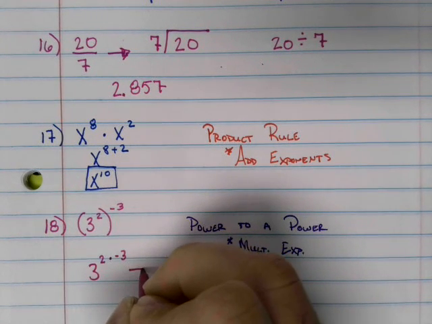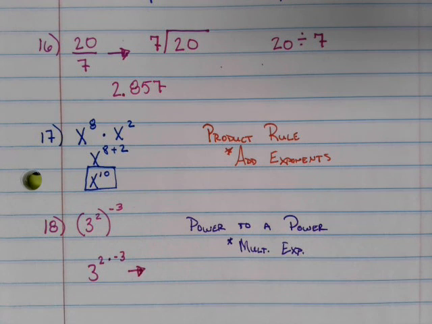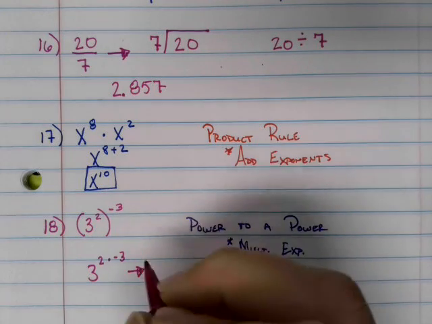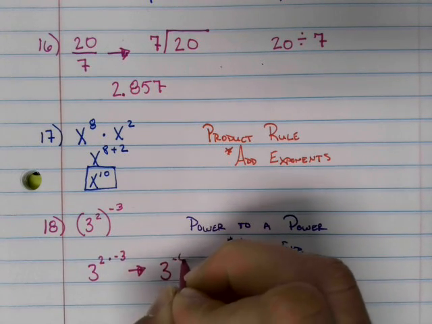And what's 2 times negative 3? 2 times 3 is 6. Positive times a negative is a negative. Opposite signs are always negative in multiplication and division. So you're going to get 3 to the negative 6.